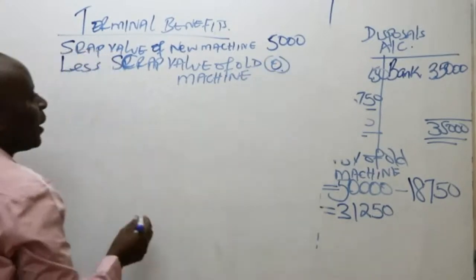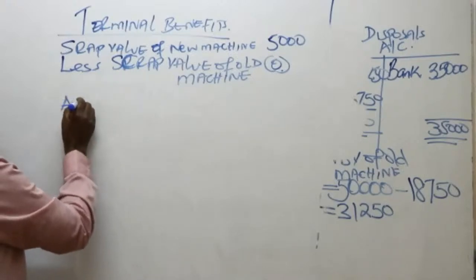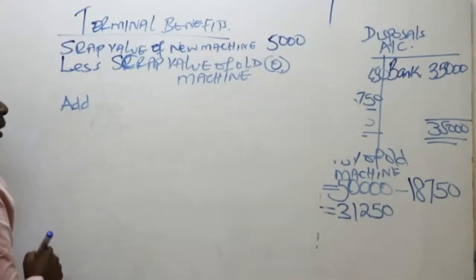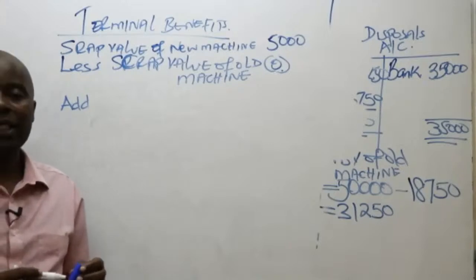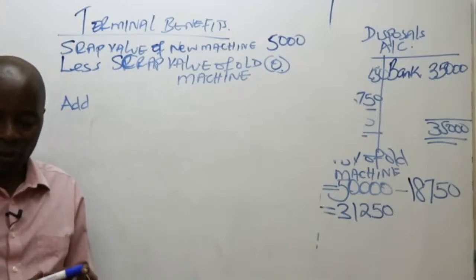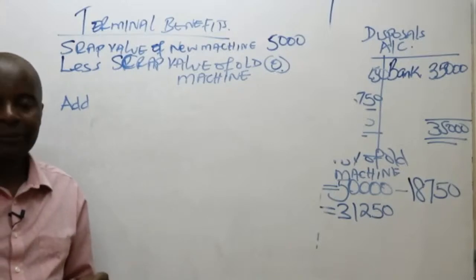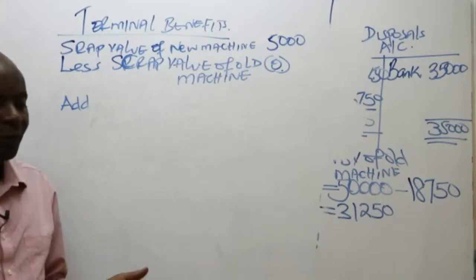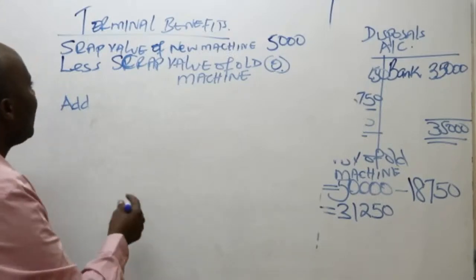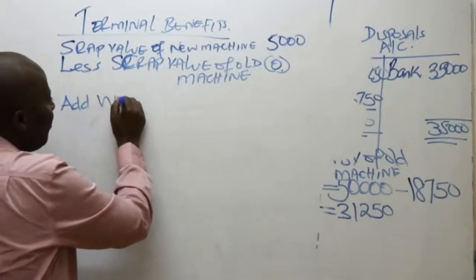Ladies and gentlemen, is there any other thing that you think will be important for us to come and add here or subtract? Working capital, yes. So add here the working capital.